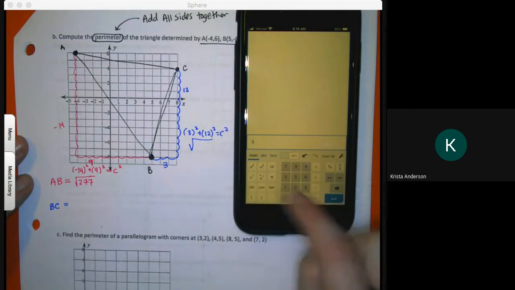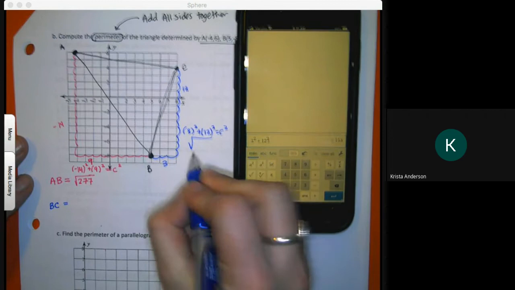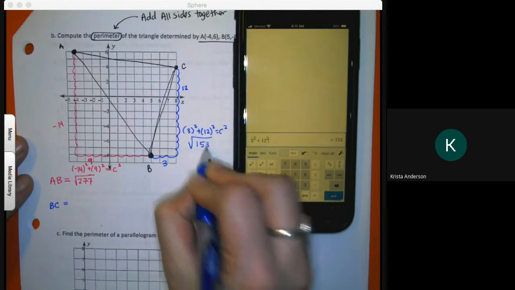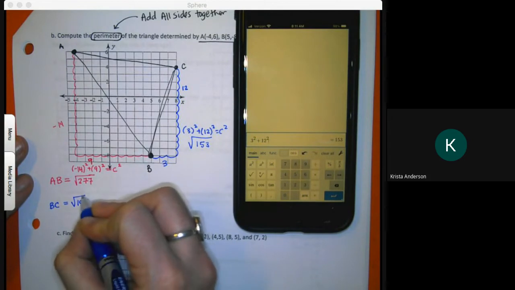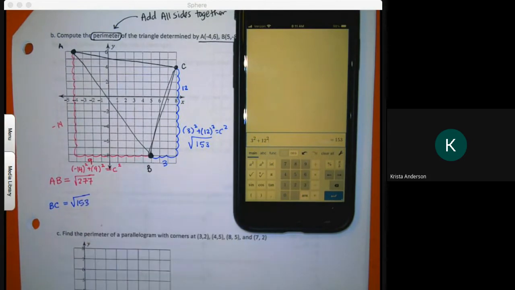Three squared plus 12 squared is 153. Why'd you put parentheses around the 3 and 12 when they're not negatives? Habit. You don't have to. Okay. I have a habit sometimes that I put parentheses around everything. You do not have to because they're positives.